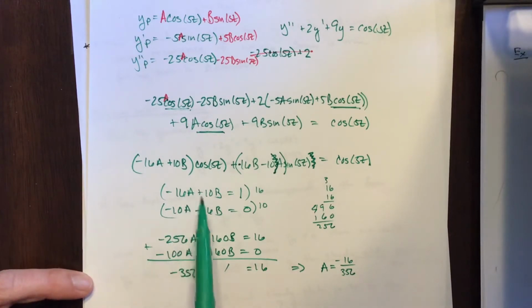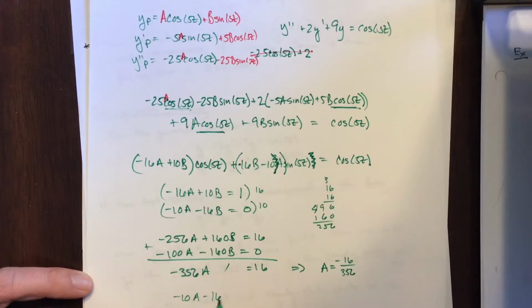We can reuse any one of these equations. If I use equation 2, that says negative 10A minus 16B equals 0, that means negative 10 times negative 16 over 356 equals 16B, adding this term to the other side.